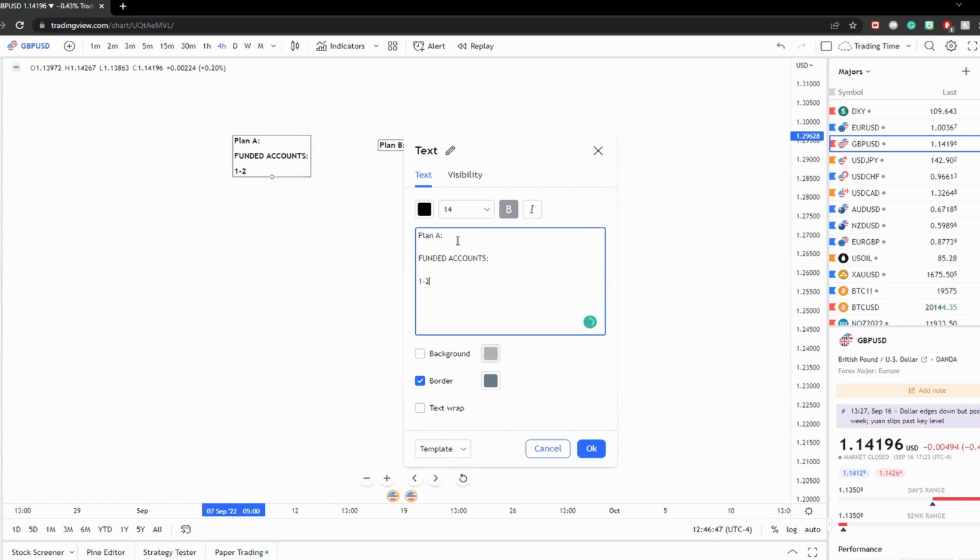I usually do 1 to 2% per trade on challenge slash verification. And for this one, I just keep it at 1 to 2%. So if I lose, I'm still going to keep it at 1 to 2%.